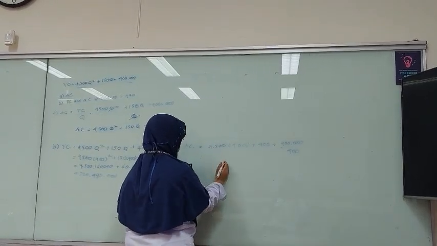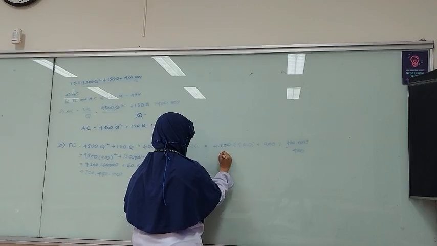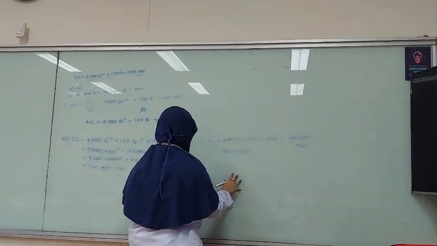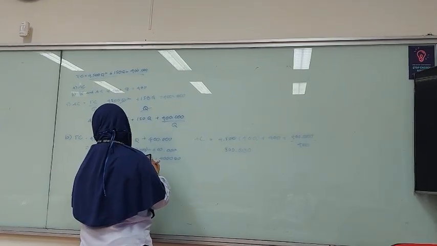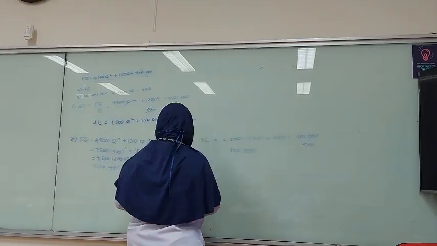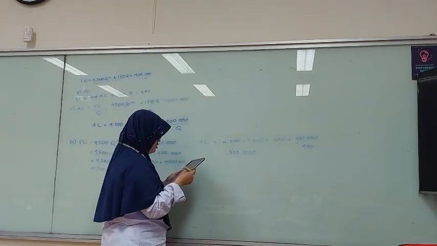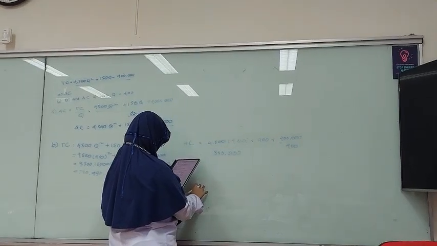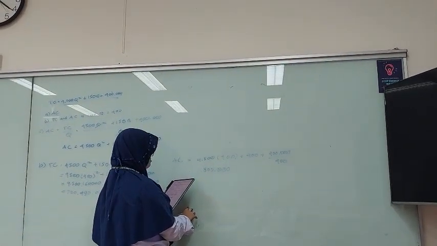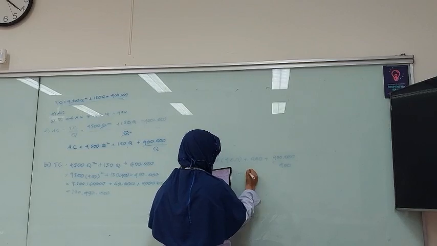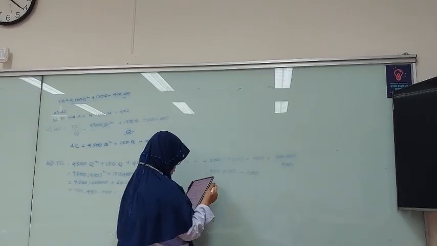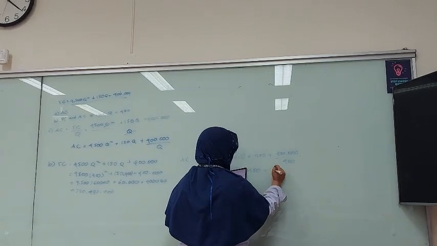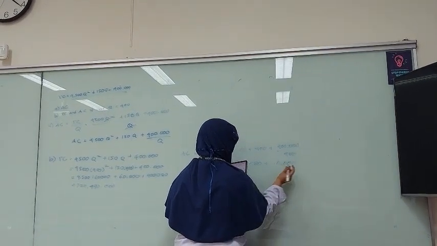So 4,000 is 1 point 100. So the second one is 400, and this one is 10,000.